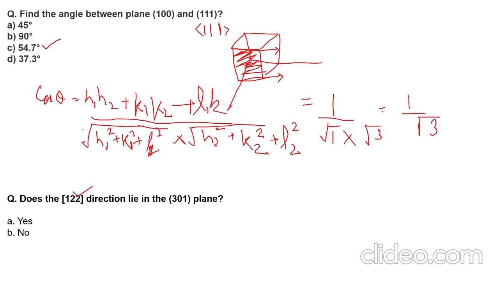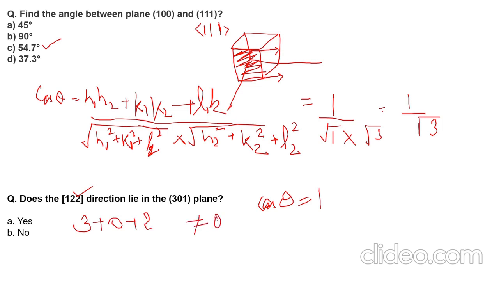The condition for a direction lying in the plane is that your cos of theta should be equal to 0, right? So you have to find the dot product between the two. What will be the dot product? 1 cross 3, so you'll have 3 plus 0 plus 2. That will be the dot product between the two, and it is not equal to 0.